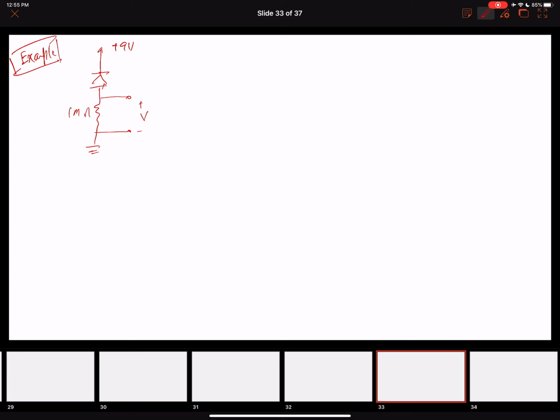As you can see, the diode is reverse biased. If the value of V equals 1 volt at 20 degrees Celsius, find the value of V at 40 degrees Celsius and 0 degrees Celsius. Let this be A and this be B that we want to find out.